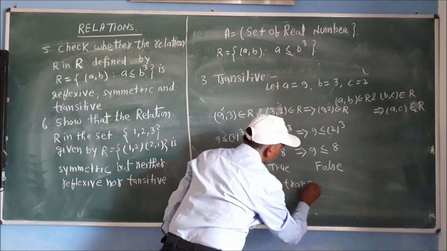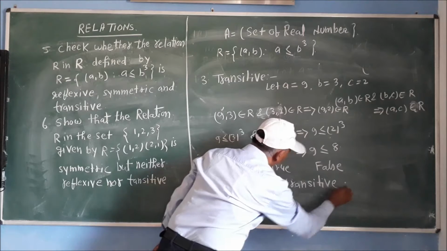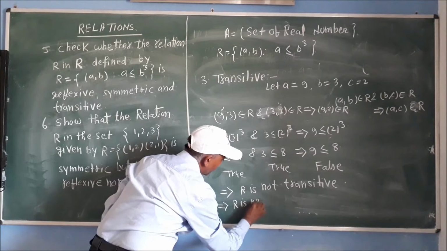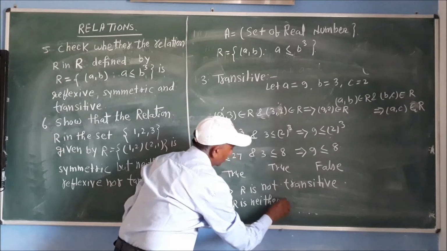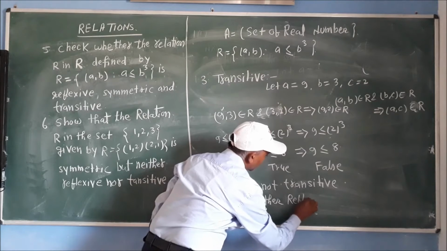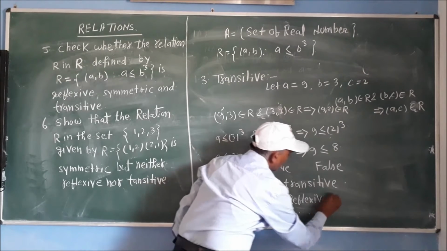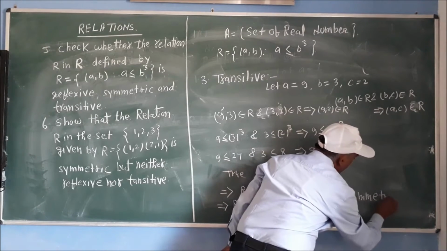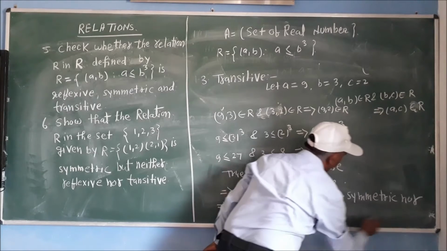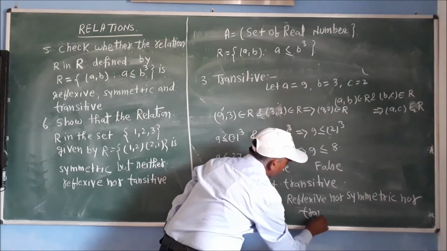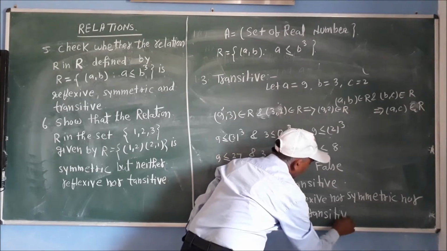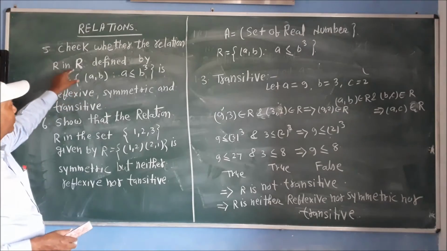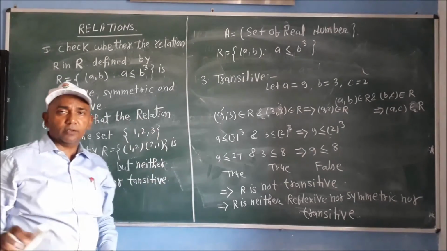So from here we can conclude that R is neither reflexive, nor symmetric, nor transitive. So in the question we have to check and calculate the result.